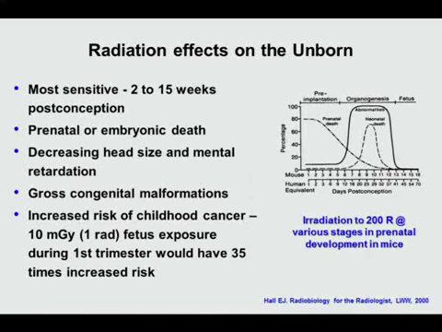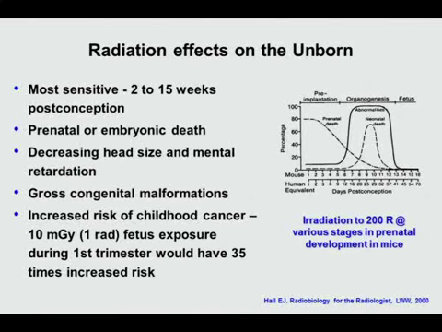However, as the pregnancy matures, if the radiation exposure is during the latter part of the pregnancy, during the second or third trimester, the spontaneous abortion or prenatal death probability will decrease as shown here, but the other probabilities will increase, such as abnormalities, neonatal death, increase in leukemia, and so forth.